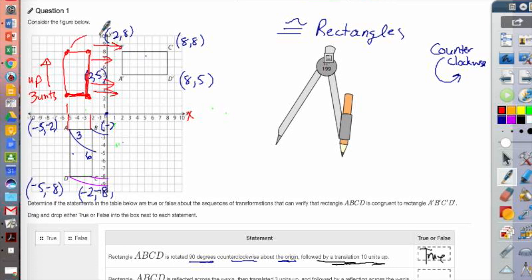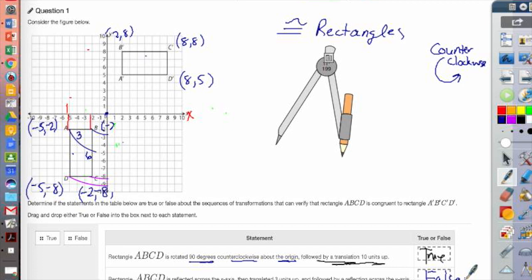We need to somehow turn this rectangle, either clockwise or counterclockwise, 270 degrees. That's not going to result in what we just looked at. Is not going to result in a congruent figure that's right on top of it under a transformation.